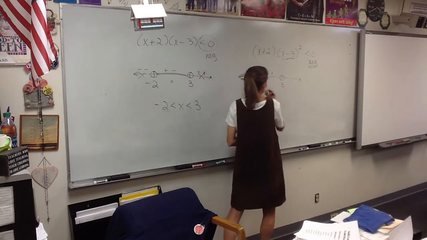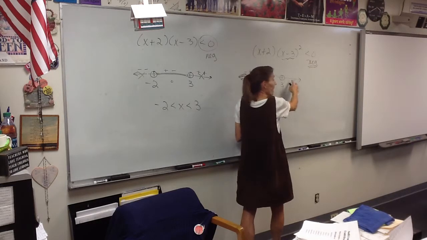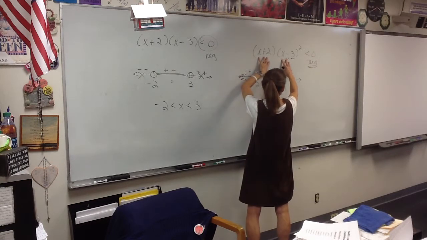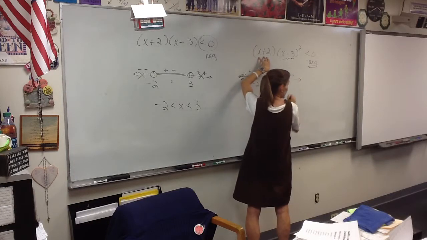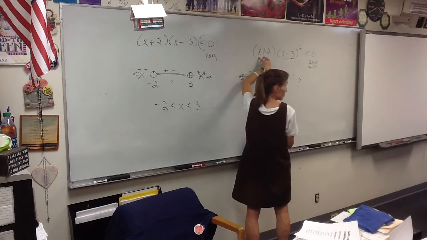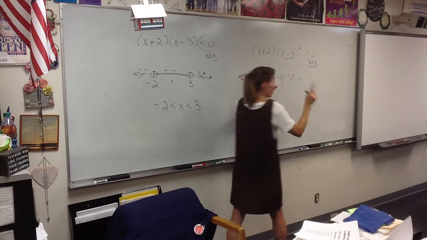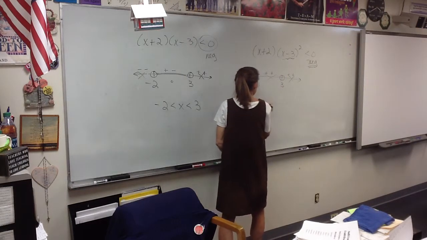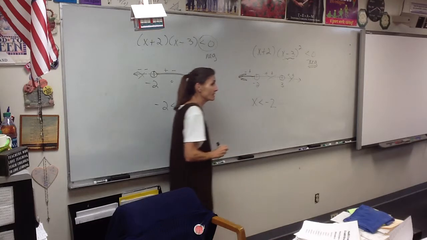So that doesn't work. How about 5? What would 5 do to these parentheses? Positive, positive again? Does that work? So this time, the answer to the question is just x is less than -2.